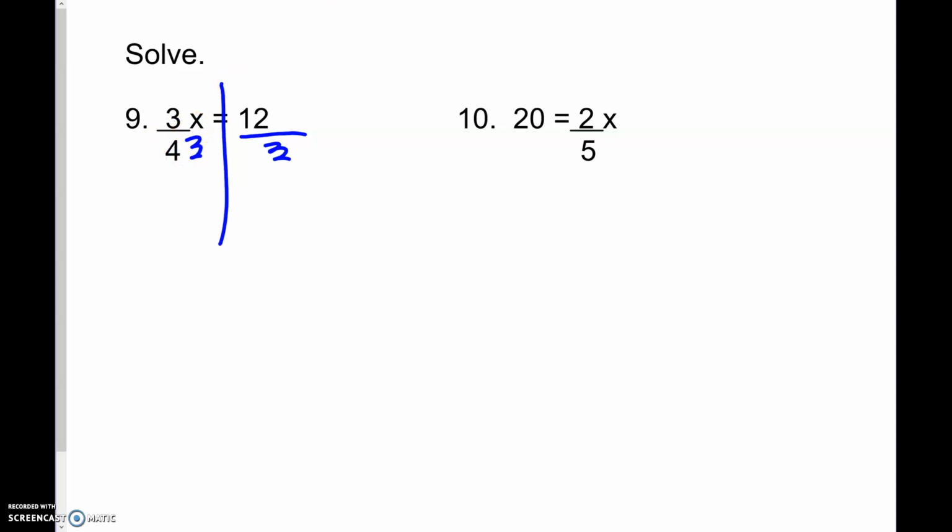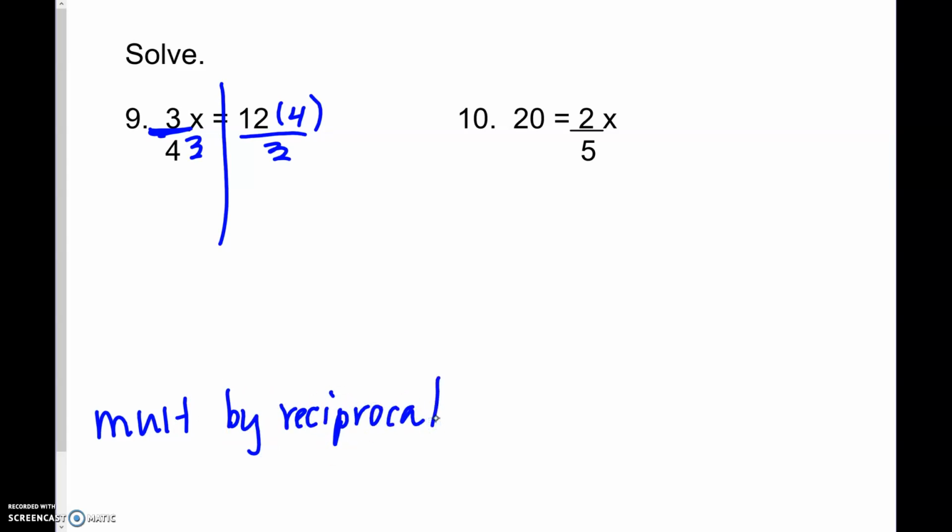So what this means is, when we have this 4, we're dividing by 4, where the opposite of dividing by 4 is multiplying by 4. So what we end up doing is multiplying by the reciprocal. So we multiply by what we in math terms call the reciprocal, and that's when you flip the fraction.